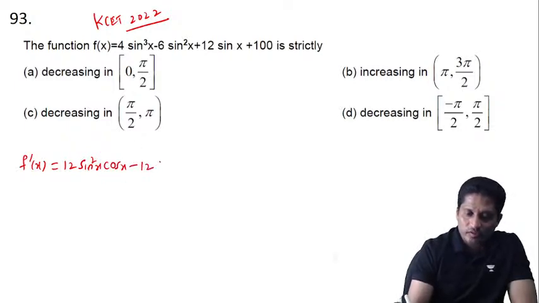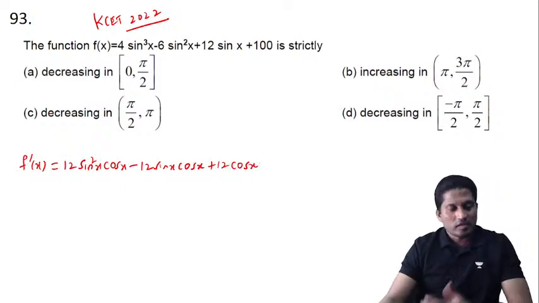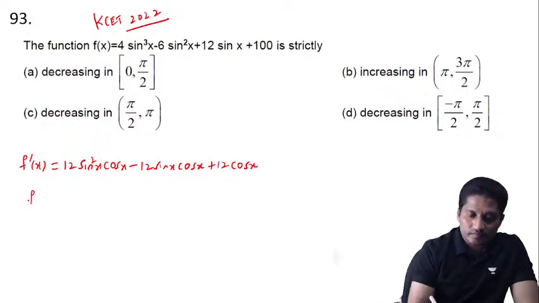Differentiation of sine square x is 2 sine x cos x. Differentiation of 12x is 12, and then 12 sine x gives 12 cos x. 100 is a constant, so 0. Okay, I'm going to take 12 cos x common. Sine square x minus sine x plus 1.